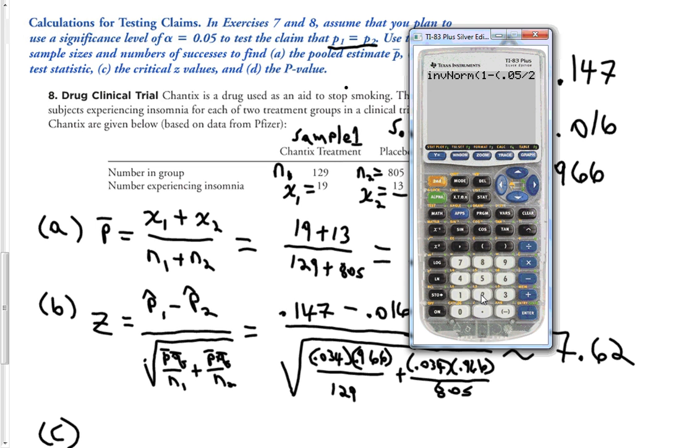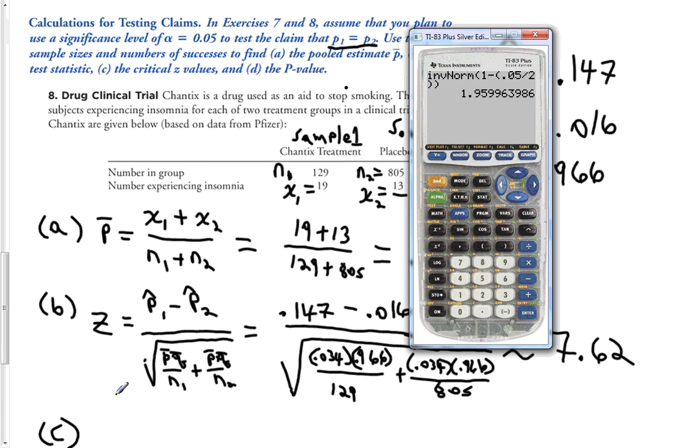We're doing it all at once instead of step by step, but we've done this quite a few times before. It's the inverse norm of 1 minus alpha over 2, or the area to the left. And we get 1.96. So the critical values, since it's a two-tailed test, are 1.96 and negative 1.96.